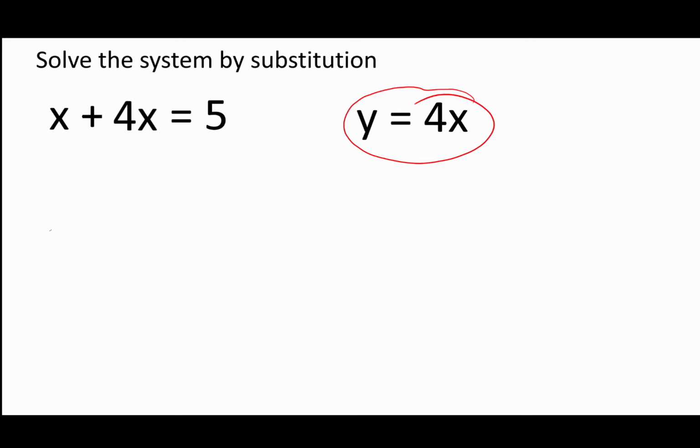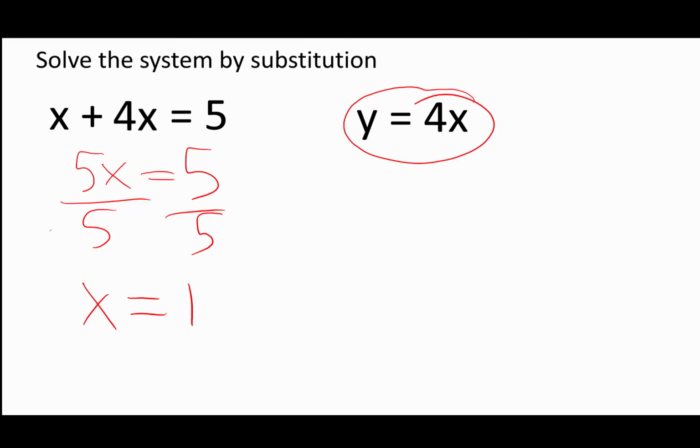From there we have a two-step equation that we can solve. 1x plus 4x is equal to 5x. So we have 5x is equal to 5. From there, I can divide both sides by 5 because 5 is multiplying to x, and we get x is equal to 1. Now, as we learned in graphing, we need a point as our answer.